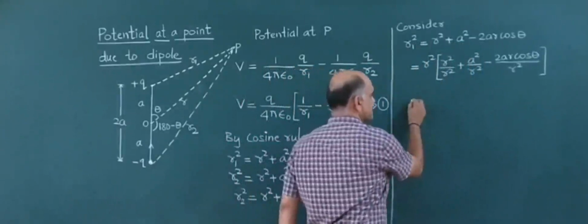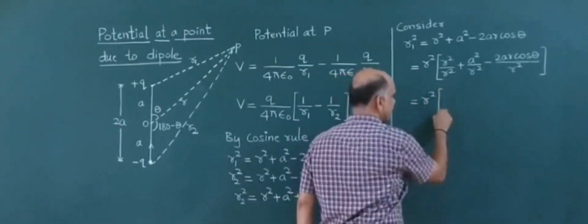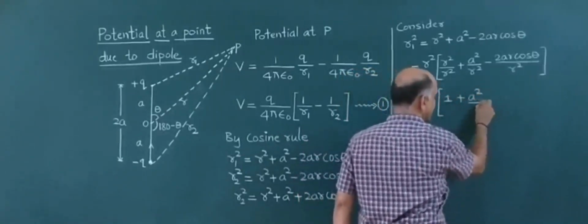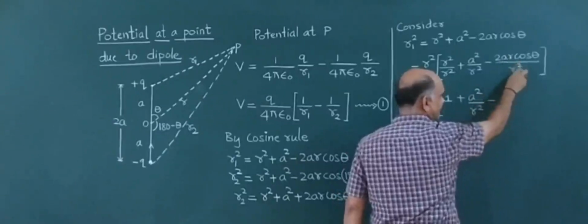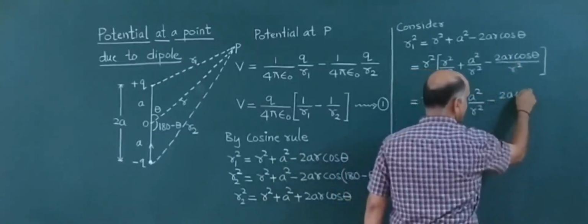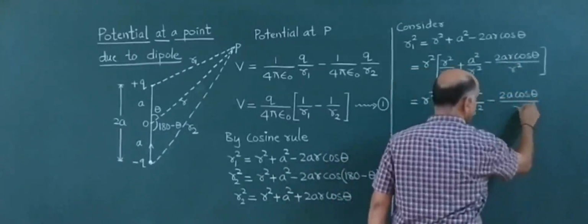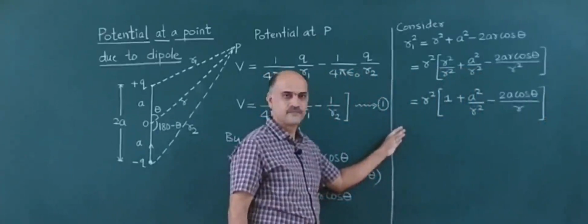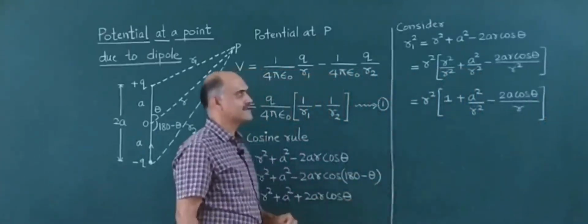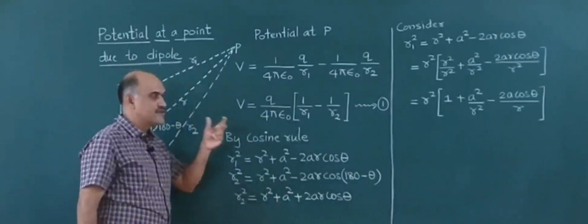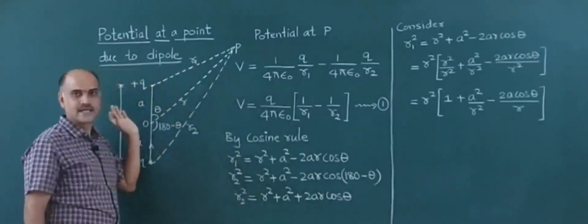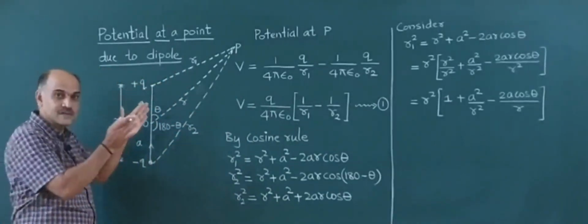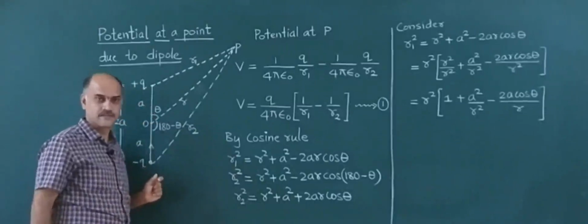Simplifying, I have R square into bracket 1 plus A square by R square minus 2A cos theta divided by R. Now in previous derivations we also saw that R is very much greater than A. In a dipole this length is very small, as the two charges are very near to each other.